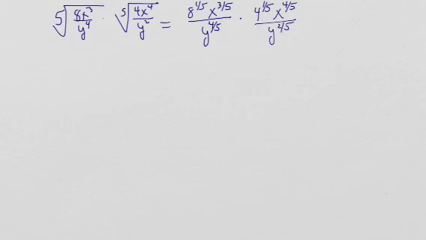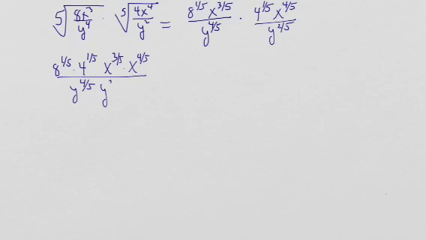Okay? So now I get to multiply, or at least put my like factors together. So I'm going to put my 8 to the 1/5 next to my 4 to the 1/5. And then I'm going to have my x to the 3/5 times my x to the 4/5 all over y to the 4/5 times y to the 2/5.